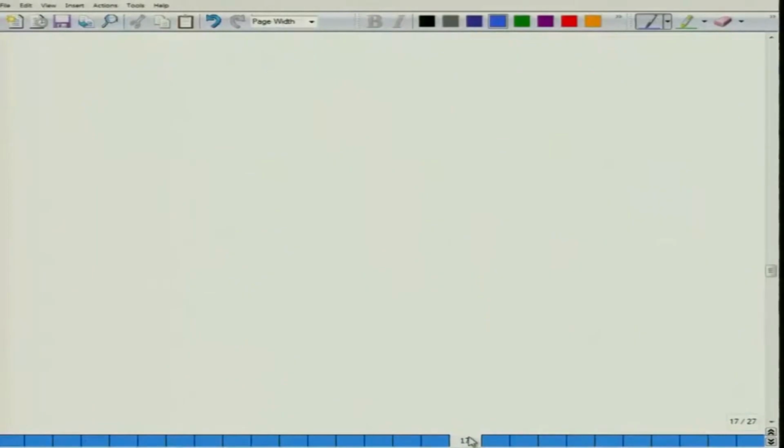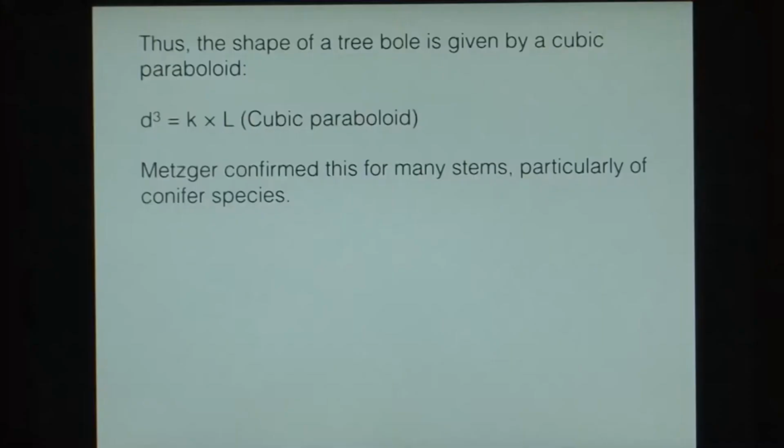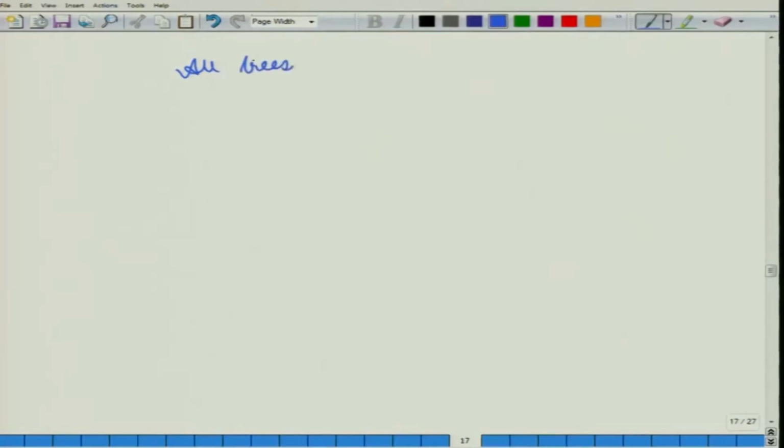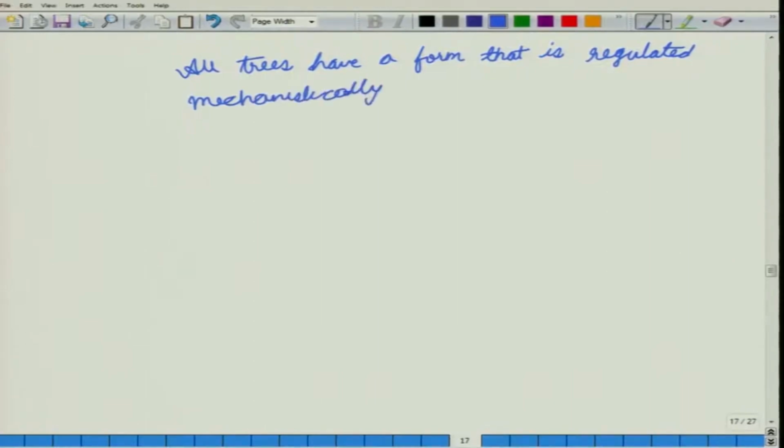So, what Metzger stated was that all trees have a form that is regulated mechanistically, in the form of a beam.